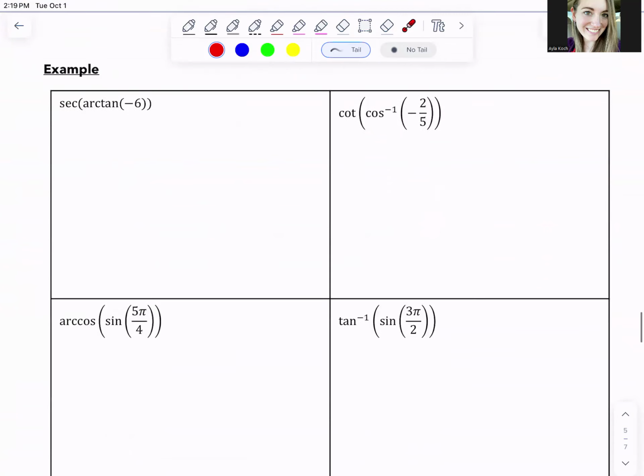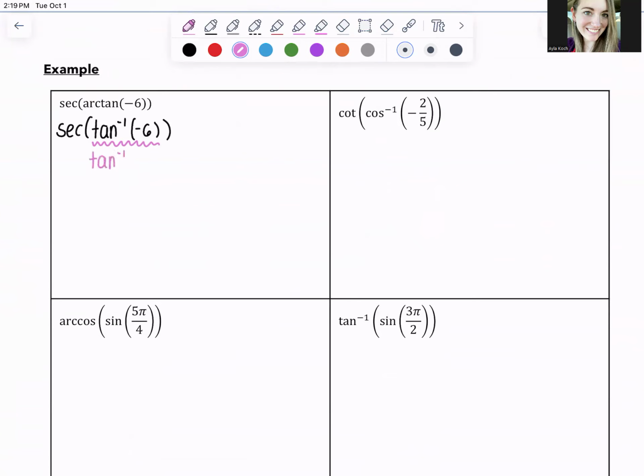All right, this first one, secant of arctan of -6. I'm going to rewrite this the way I like to see it, which is secant of tan inverse of -6. Whoop, this guy is a tangent inverse. So there's an inverse on the inside. We're calling this guy theta.